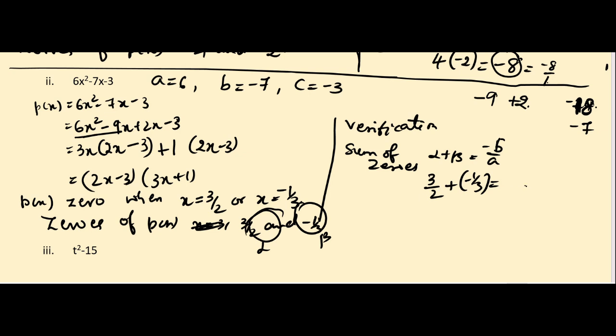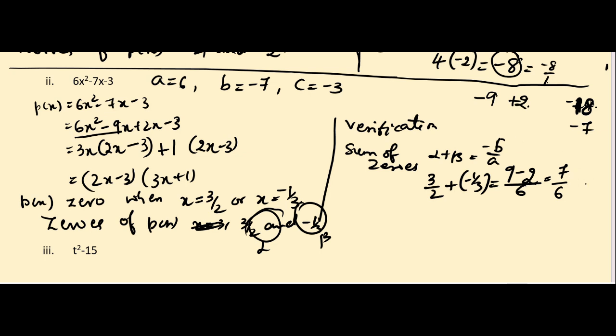here nothing will be common. So we will take the common denominator 6. 2 3s are 6, 3 3s are 9 and 3 2s are 6. That's why we have to multiply that 2 into numerator. So 9 minus 2, nothing but 7 divided by 6.